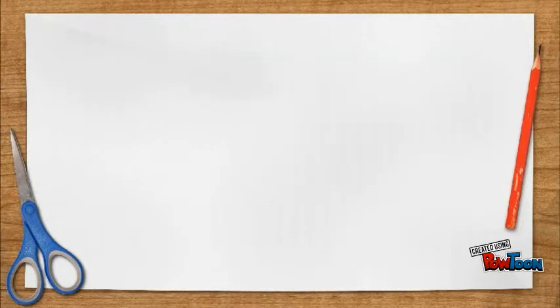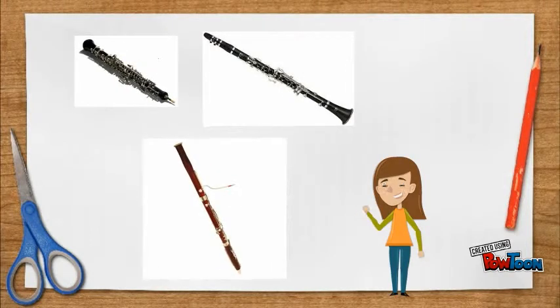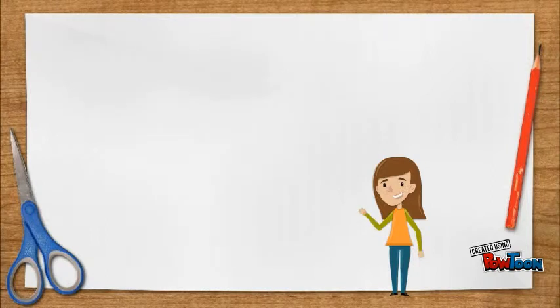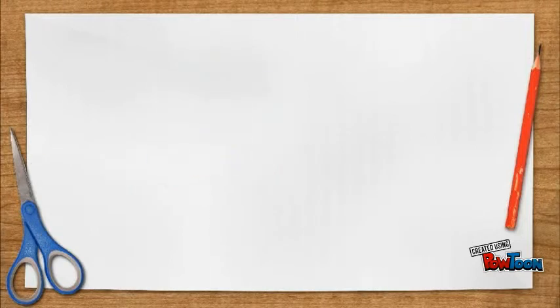This vibration is amplified by the hollow wooden body of the instruments. Woodwind instruments create sound by blowing air through thin wooden reeds, which are also amplified by the body of the instrument.